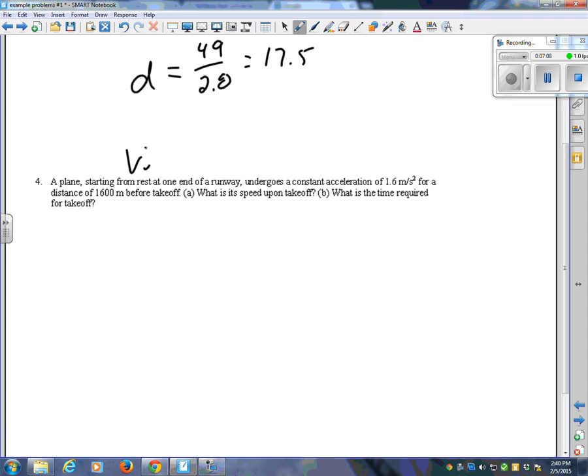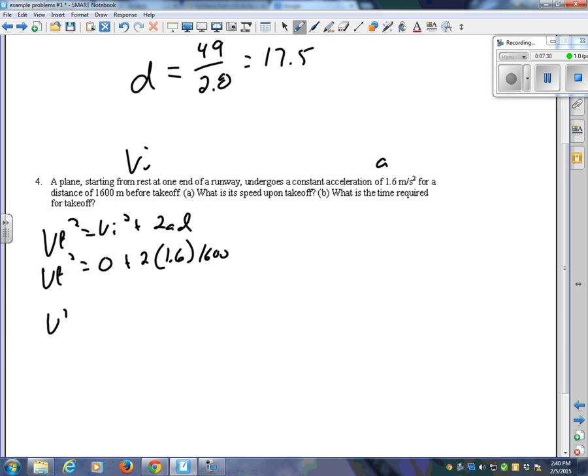Starting from rest, an airplane at the end of a runway undergoes a constant acceleration of 1.6 meters per second squared for a distance of 1,600 meters, which is a mile, by the way. What is the time required for takeoff? Oh, yeah, this is easy. Vf squared equals Vi squared plus 2ad, I think, right? Yes. 0 plus 2 times 1.6 times 1,600.